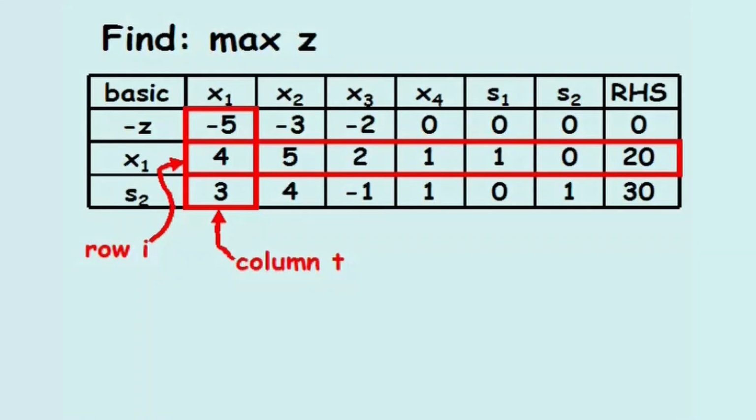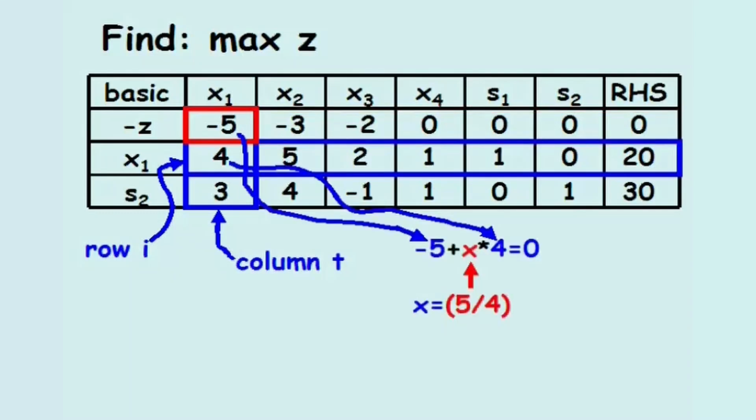For example, looking at the top row, we need to add 5/4 of row i to the top row, so the -5 in column t of the top row equals 0. That is, negative 5 plus 5/4 of 4 equals 0.